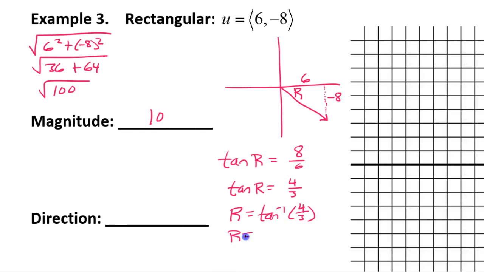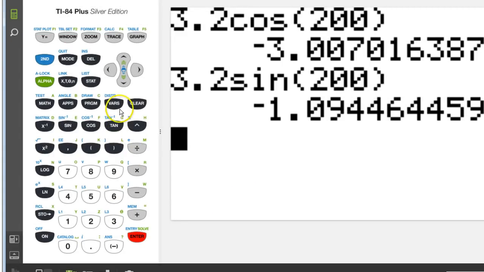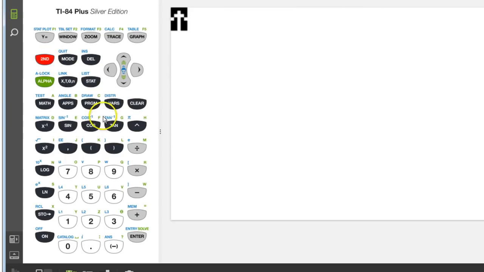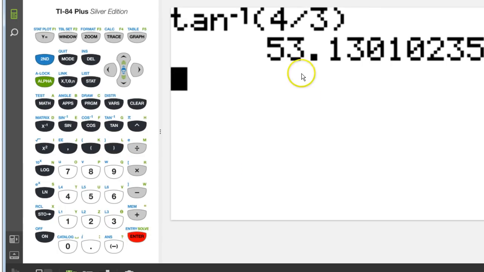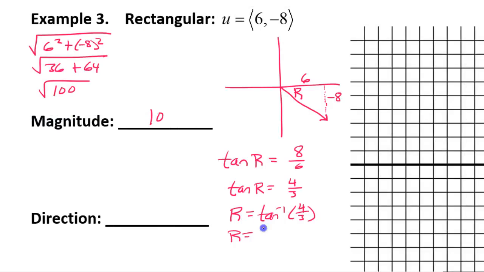So that means that the value of r can be found on the calculator. So inverse tangent 4 over 3. 53.13. Now, the actual direction angle has to be measured from the positive x-axis all the way around.